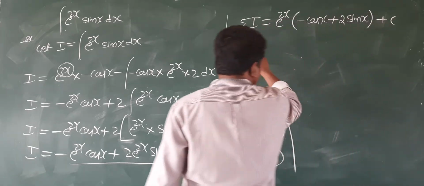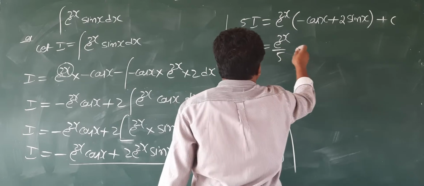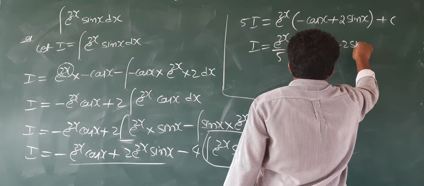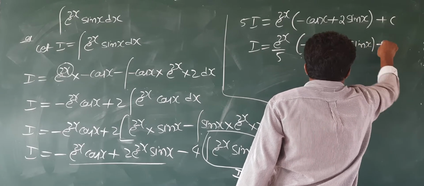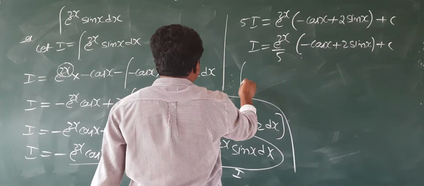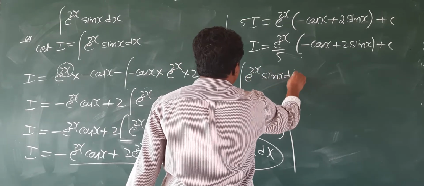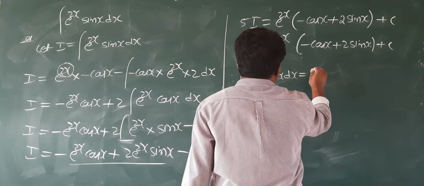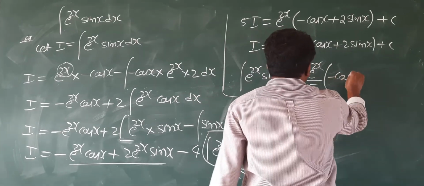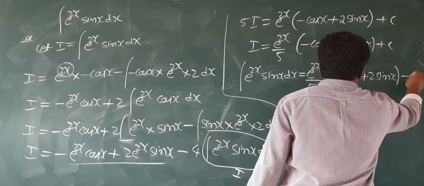I equals e power 2x by 5, into minus cos x plus 2 sin x, plus c. So finally, the integral of e power 2x sin x dx is equal to e power 2x by 5 times minus cos x plus 2 sin x, plus c.